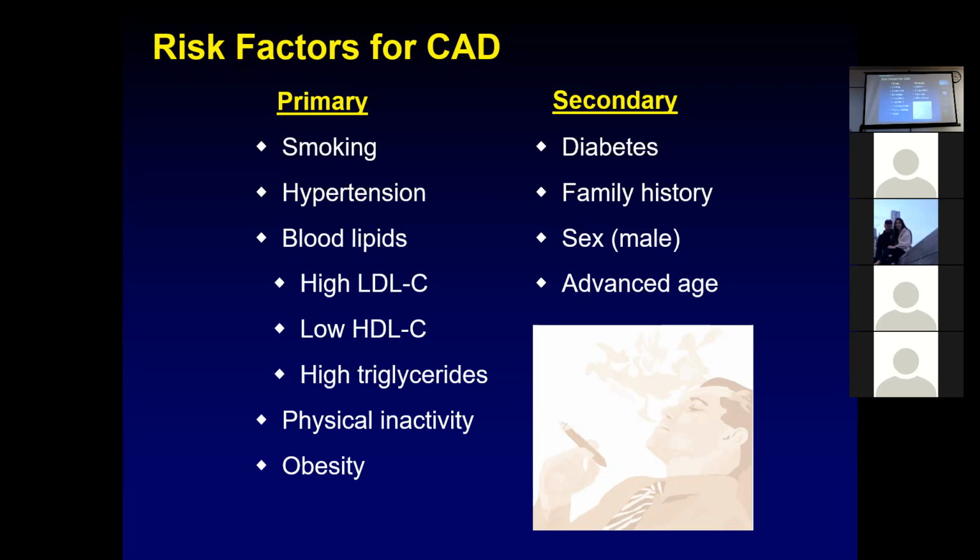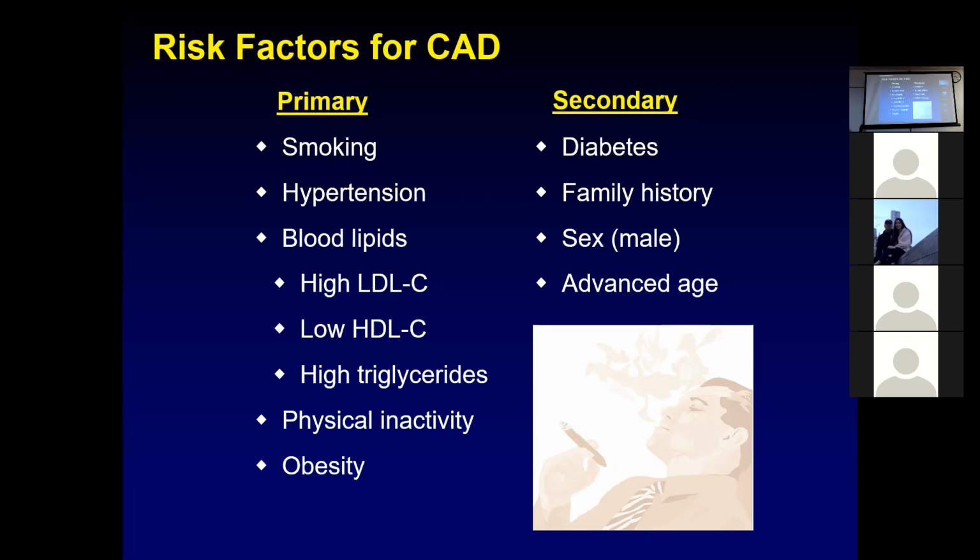So now that we know a little bit about what coronary artery disease is, let's talk about who gets it, and how we can guess if you're going to get it, so that we can know for whom we need to design some interventions.